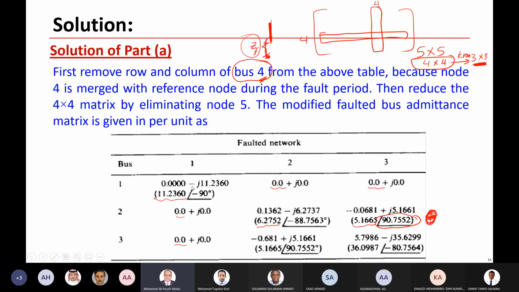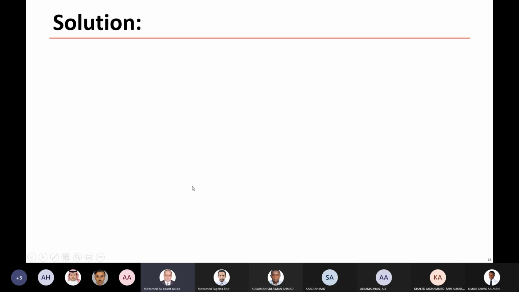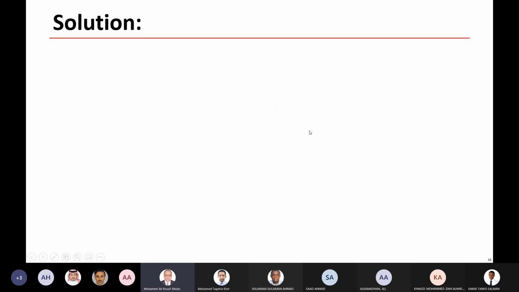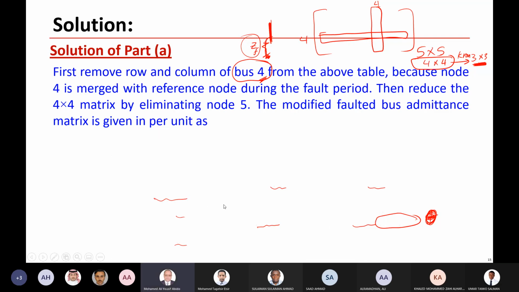So what we have only is Y11, and this is the case. How much is the angle theta 1? It is 90 degrees, and this is okay. And the angle delta 11 is 0 definitely.